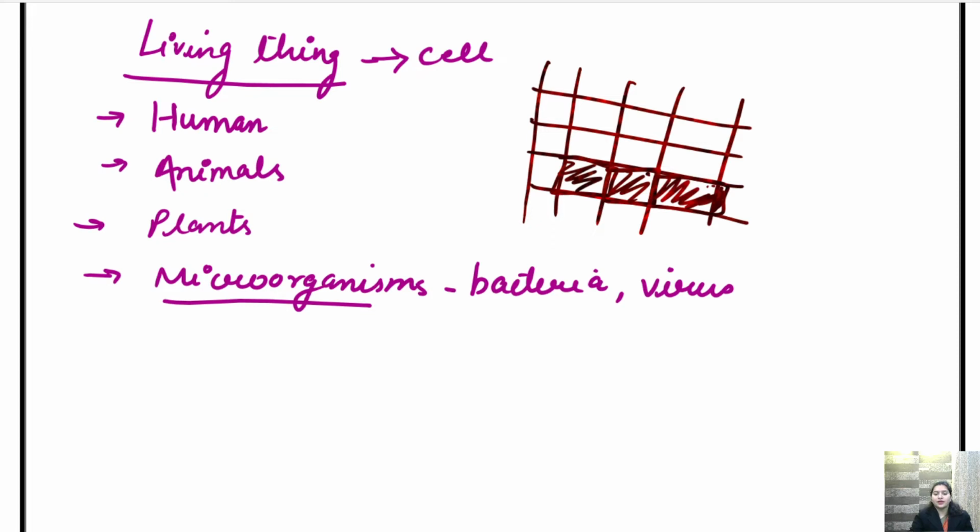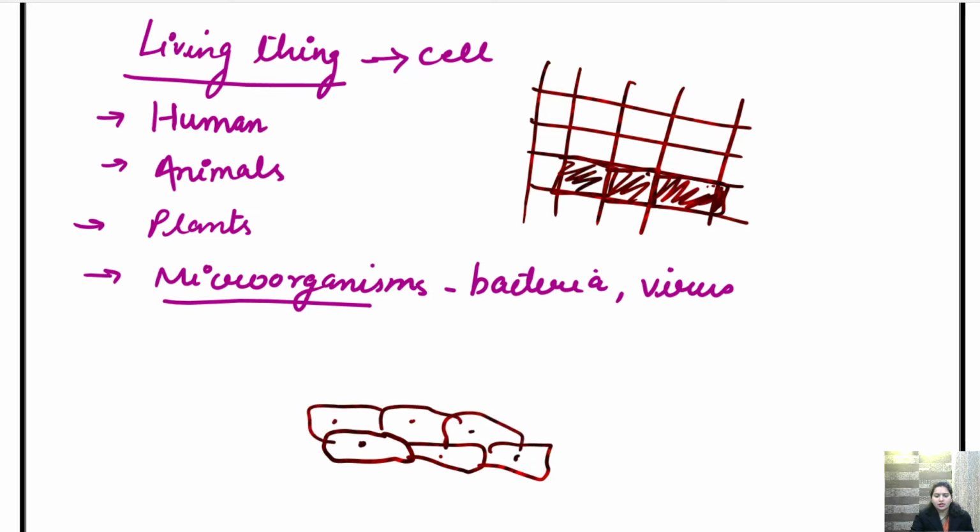In the same way, we have cells. When these cells are arranged in a systematic manner, they form a living organism. This is a cell and this is a brick. They form a living organism.